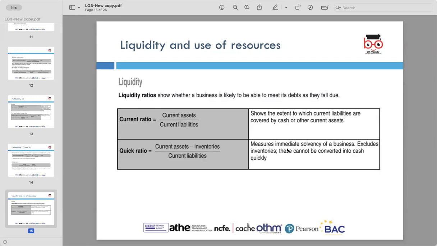Assets turnover, on the other hand, provides insights into operational efficiency and resource utilization. Comparing assets turnover ratios across different periods or with industry benchmarks helps assess the company's competitive position and efficiency in utilizing its assets.